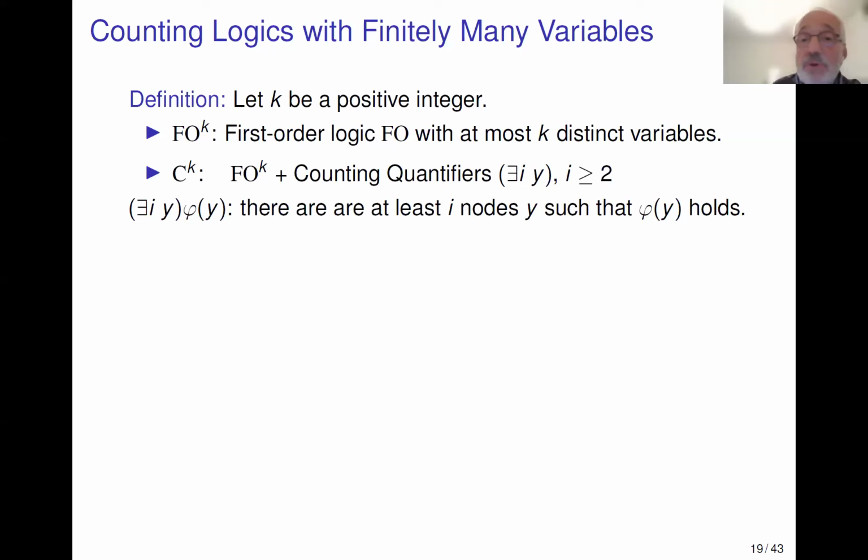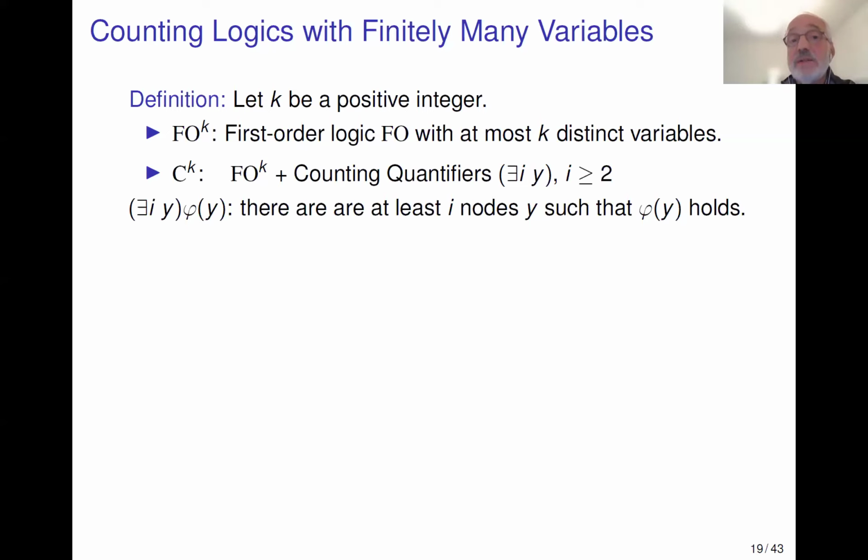So now we're thinking of number of variables as a resource, and we control this resource. Of course, each of these k distinct variables we can use many, many times. We don't put a bound on how many occurrences a variable has in a sentence, but we require that they have at most k distinct variables.